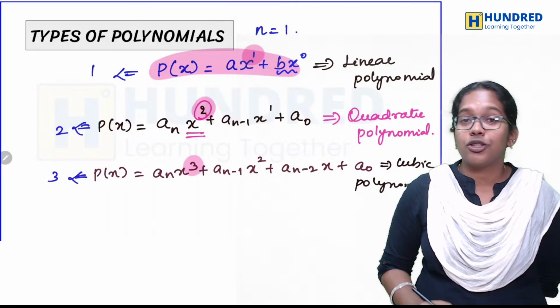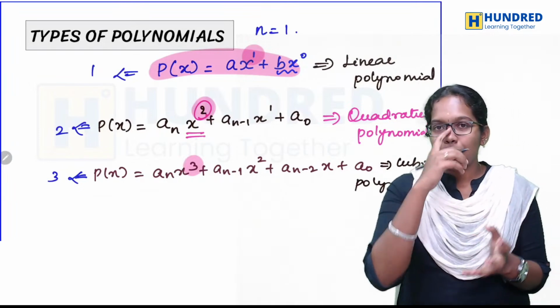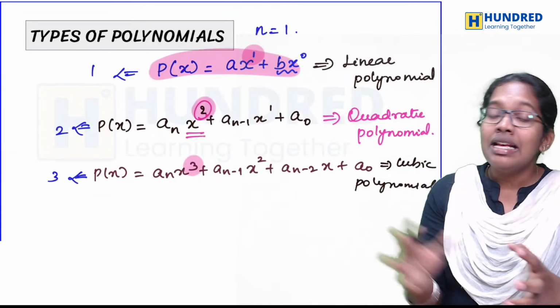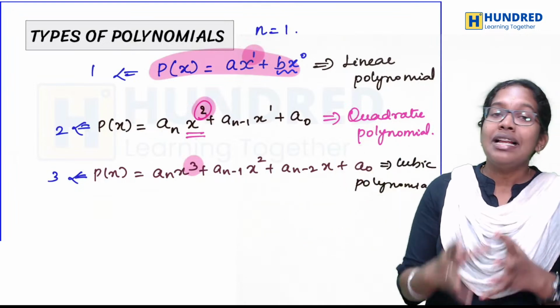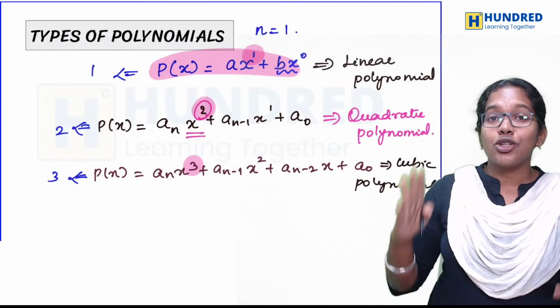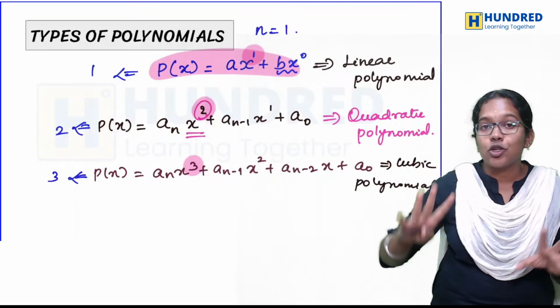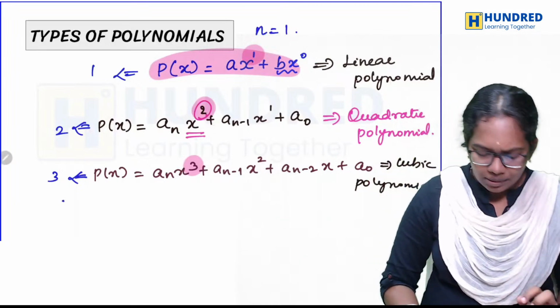So now you can conclude that if the polynomial has degree 1, then it is called as a linear polynomial. If the degree of the given polynomial is 2, then it is called as a quadratic polynomial. And if the degree is 3, then it is called as a cubic polynomial. And what about 4 and 5?